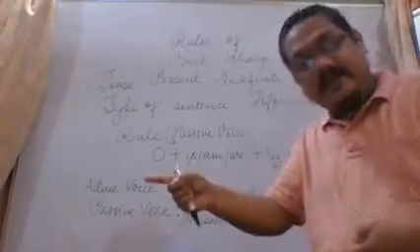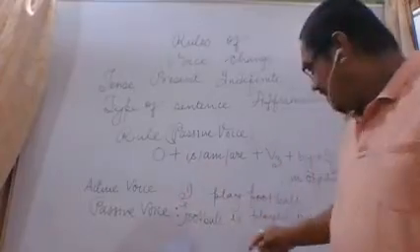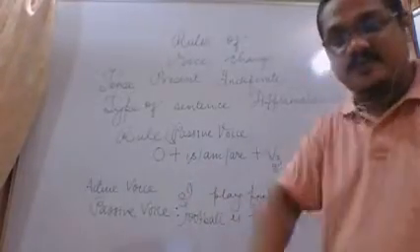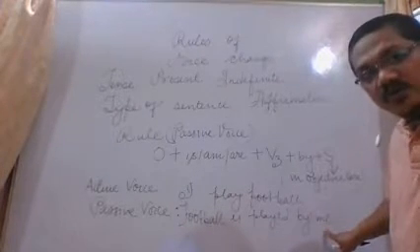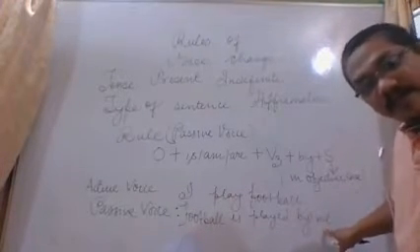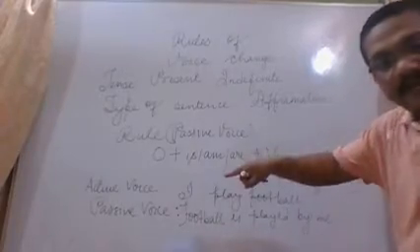Now we have to change it into active. So we have to find the subject. We know that me is in the objective case. So what will me be in the subjective case?